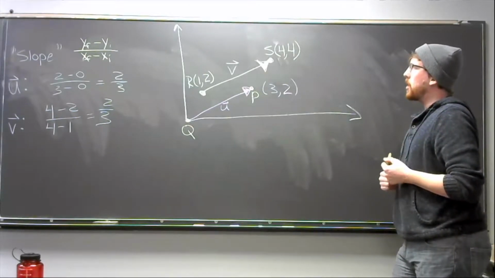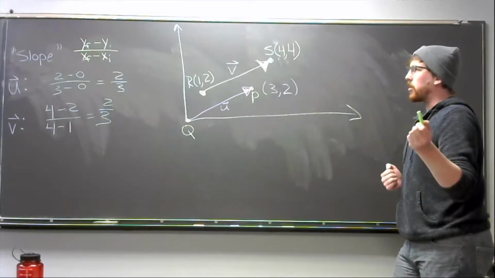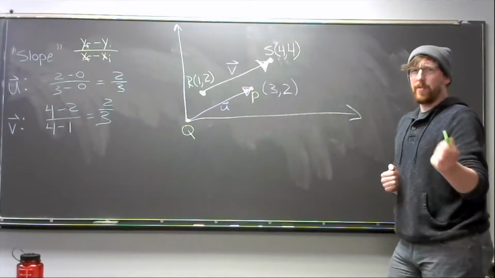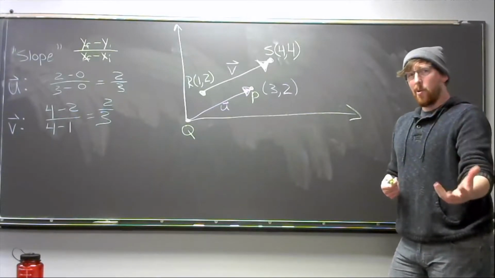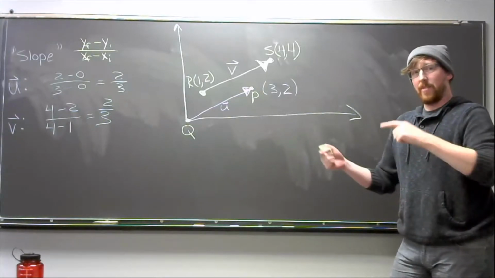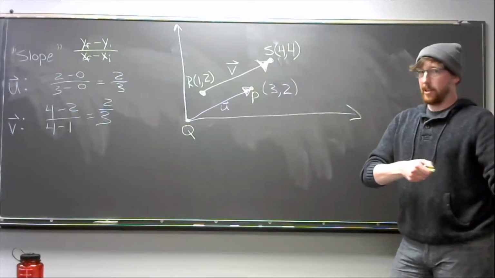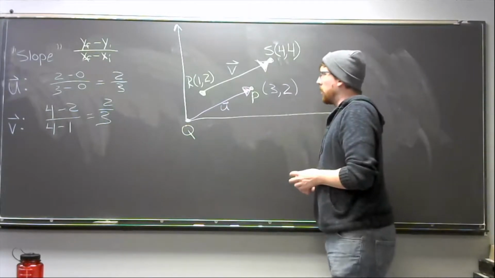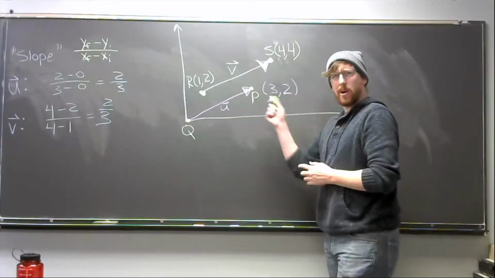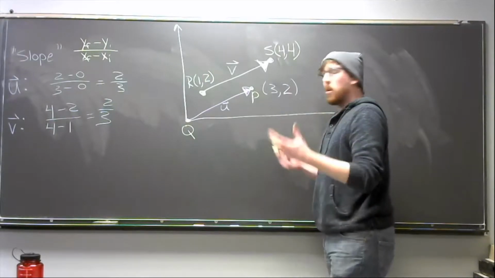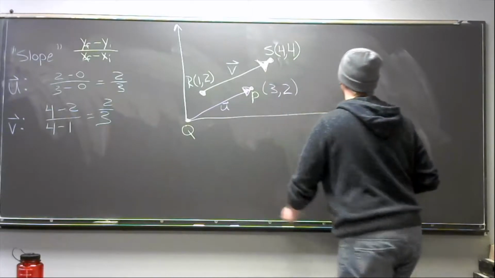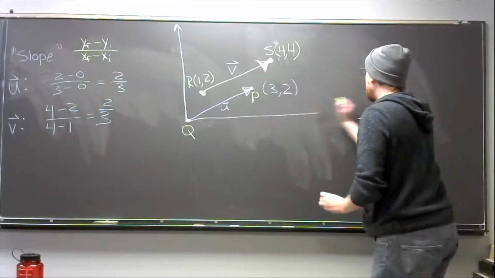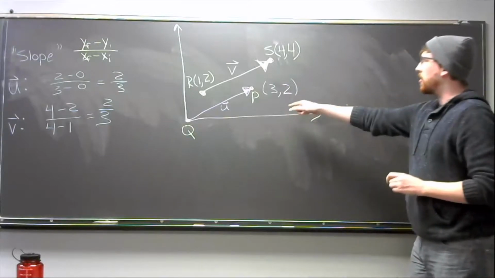Okay, well, what about the length? What about the length of these things? Because that's the magnitude, right? I said, in order for them to be equivalent, they have to have the same direction and the same magnitude. How are we going to find the length of these? Well, we're just going to apply the Pythagorean theorem. We're going to say, all right, let's imagine a hypothetical vector.